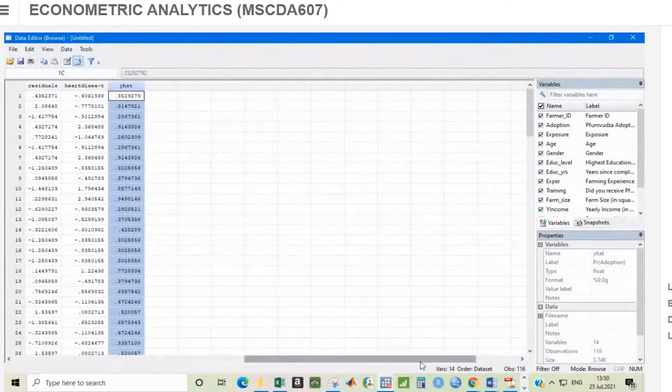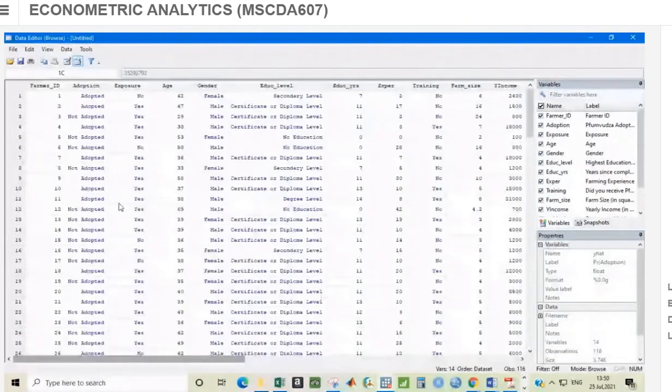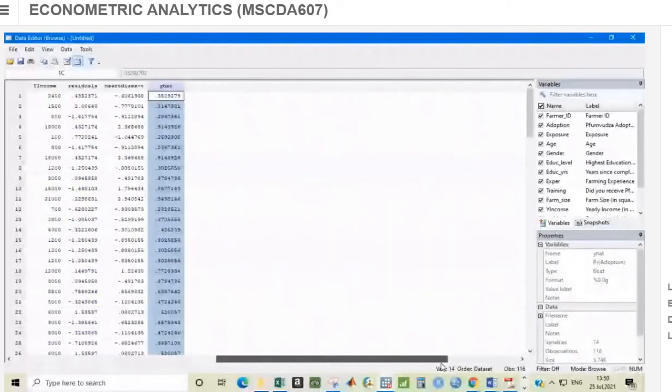Let me check some things here. For the first farmer, the first farmer has adopted Pfumvudza, right? Let's go and see the predicted probability.